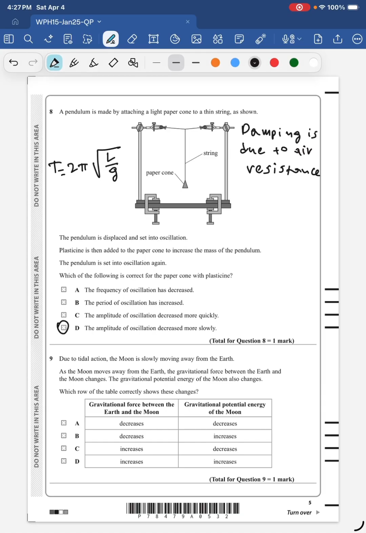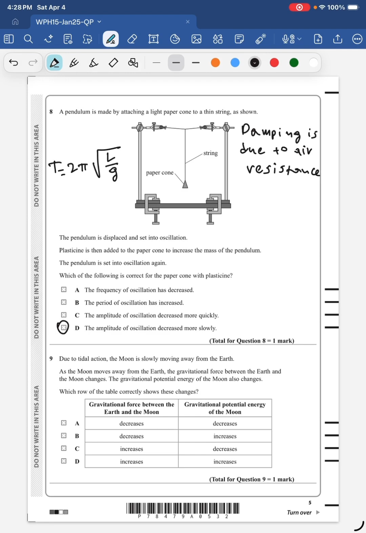Therefore, if we increase the mass, the same air resistance is now acting on a heavier mass. Therefore, the effect is not as big as with the lighter mass. The best way to convince you is to think of a rock. If I throw a rock from a building or a coin, because it has mass, it falls fast.